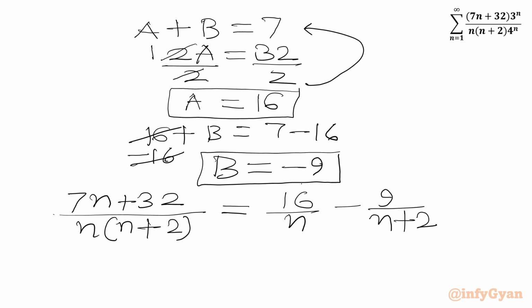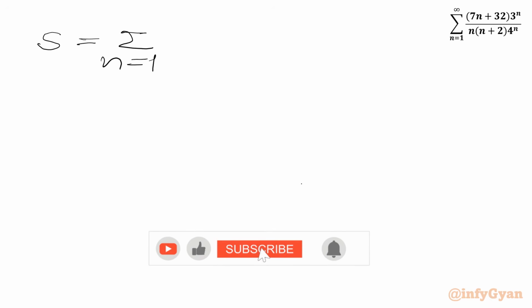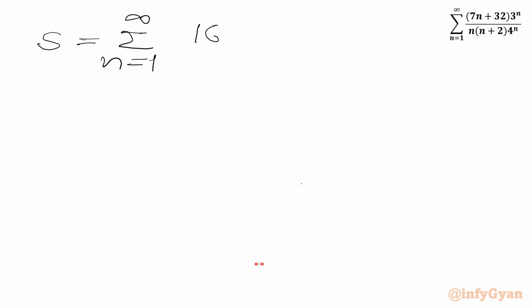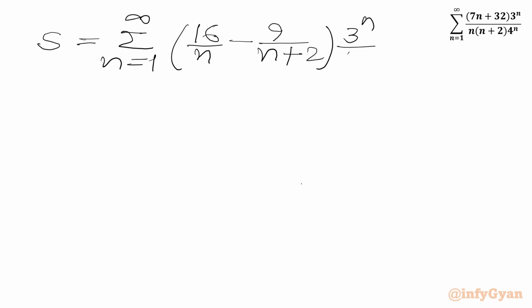Now we will find the infinite sum. Let me write here S equal to sigma n equal to 1 to infinity, 16 over n minus 9 over (n + 2), times 3 power n over 4 power n.